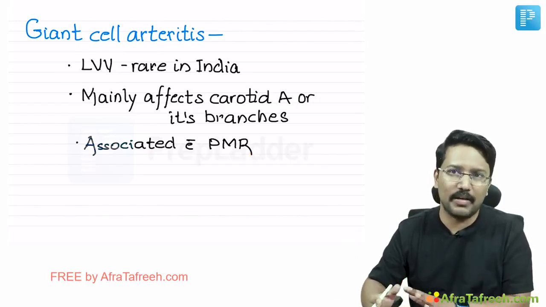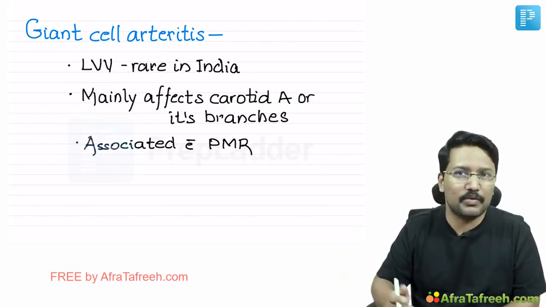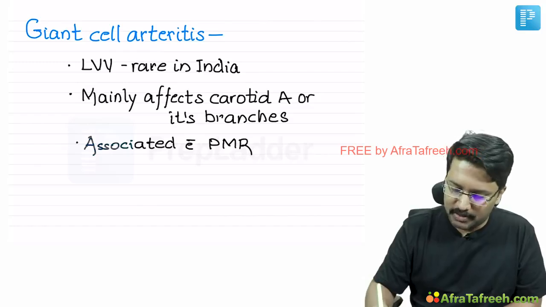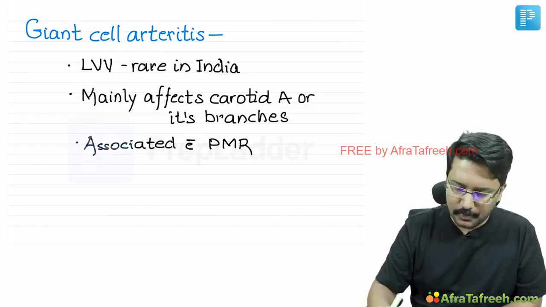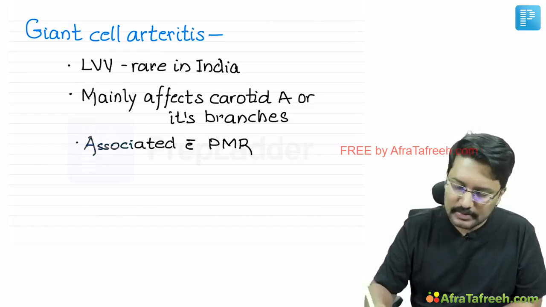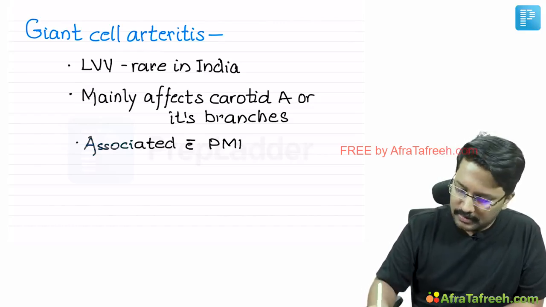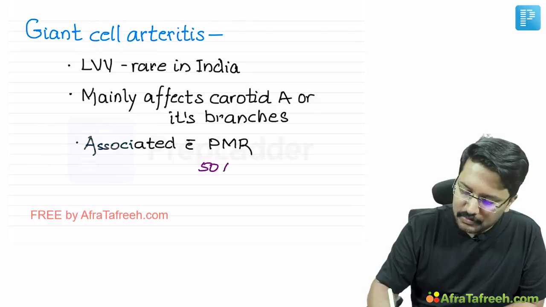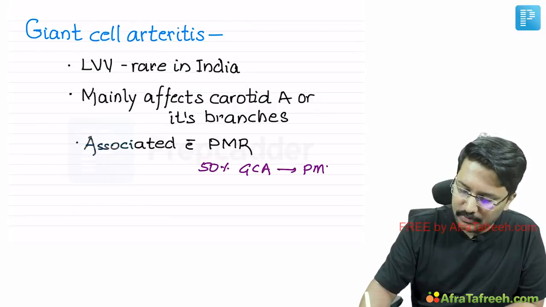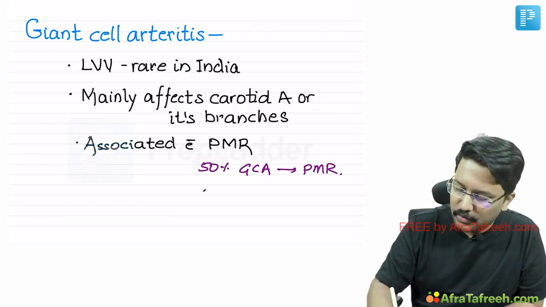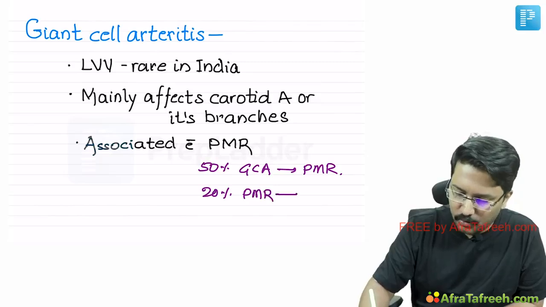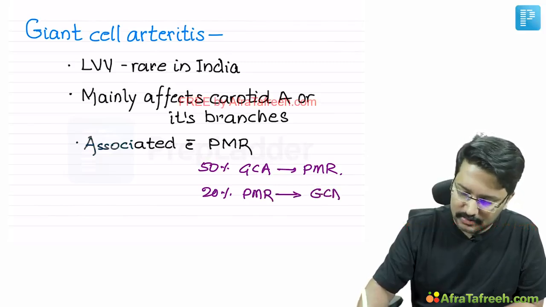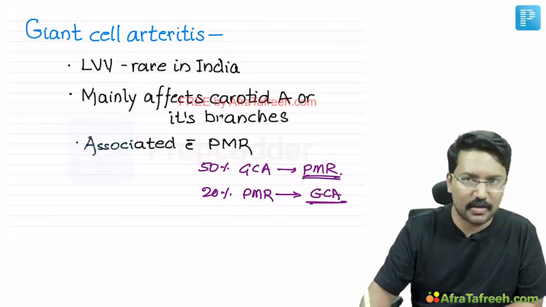ESR is extremely high in these patients in comparison to patients with fibromyalgia, right? Another point to note is that 50% of the patients with giant cell arteritis usually have polymyalgia rheumatica, and around 20% of the patients diagnosed with polymyalgia rheumatica go on to develop giant cell arteritis later, right? So there is a strong correlation.